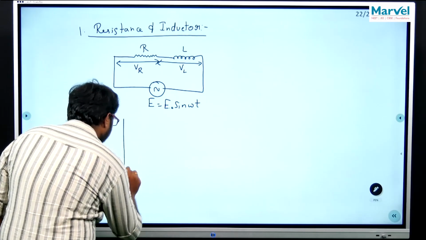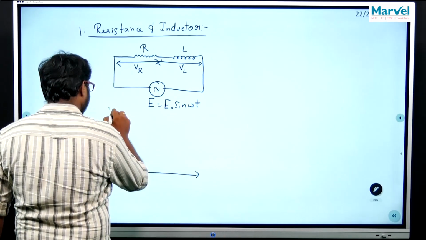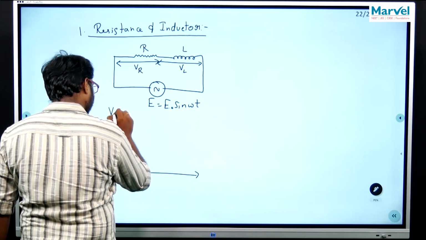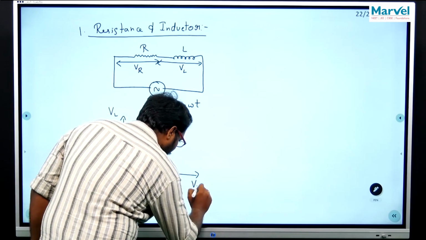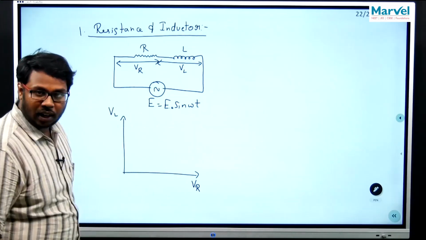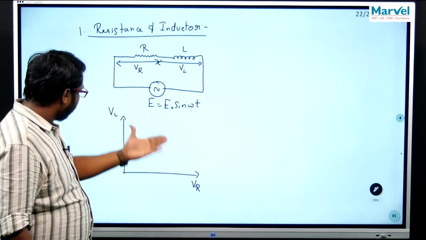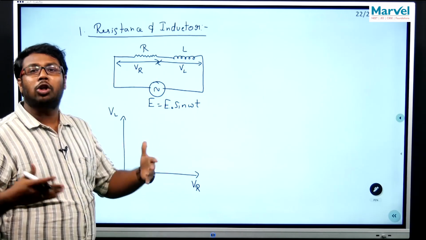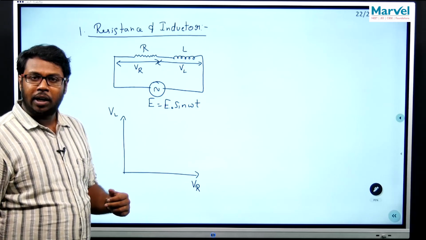The phasor diagram for this looks like this. It will be VL in here and VR in here, because the potential drops on the inductor and resistance are 90 degrees away.